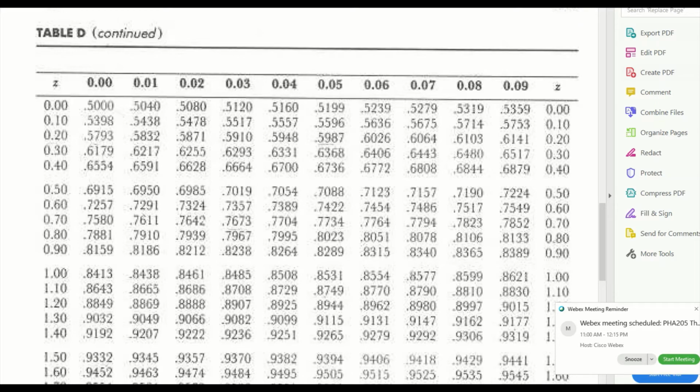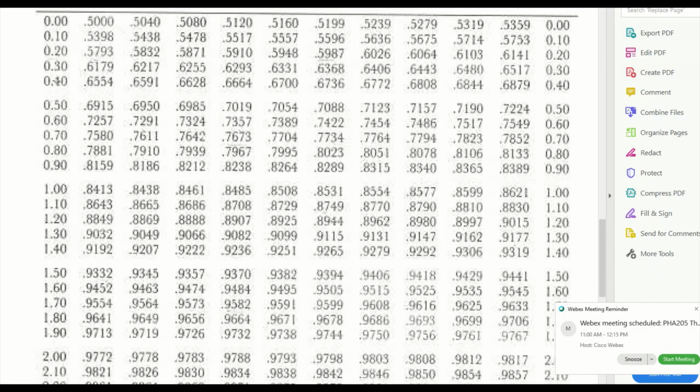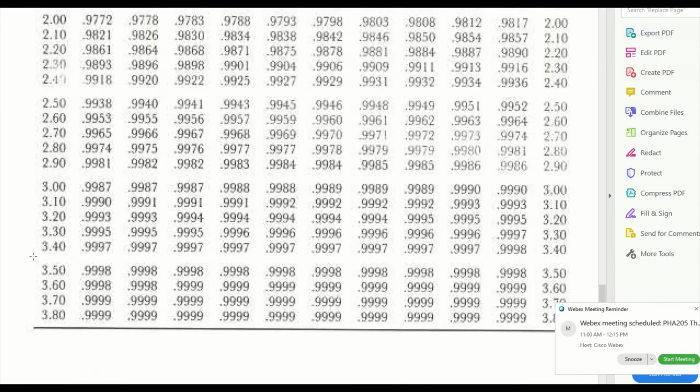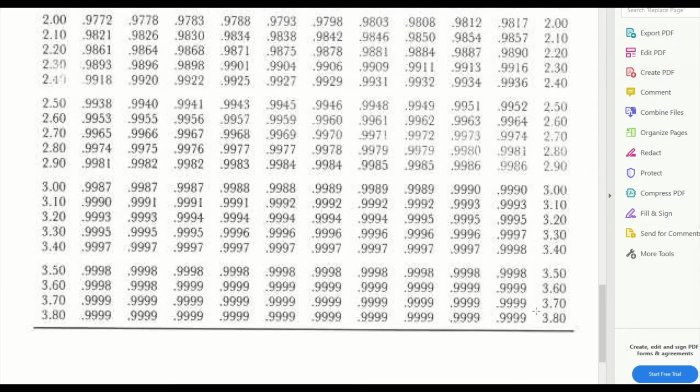Again you have 10 probabilities, and the Z will increase till the last entry, which is 3.80, and the last one is actually for 3.89, which is the last one right here. You almost hit the 1, the 0.999. So this is how they were able to produce about 800 areas in only 2 pages.